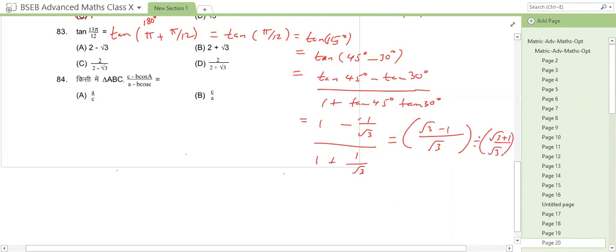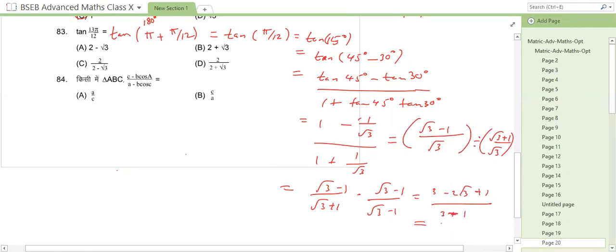This is equal to root 3 minus 1 over root 3 plus 1 times root 3 minus 1 over root 3 minus 1, which is 3 plus 1 minus 2 root 3 divided by 3 minus 1, which is 2. So 4 minus 2 root 3 over 2, divide everything by 2, and you get 2 minus root 3. So your solution should be 2 minus root 3.